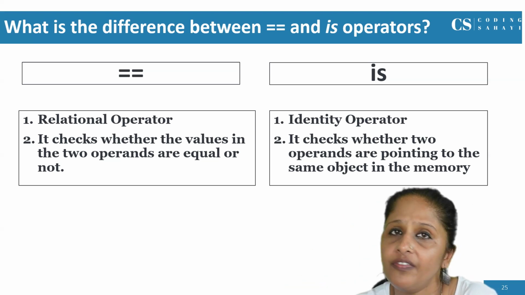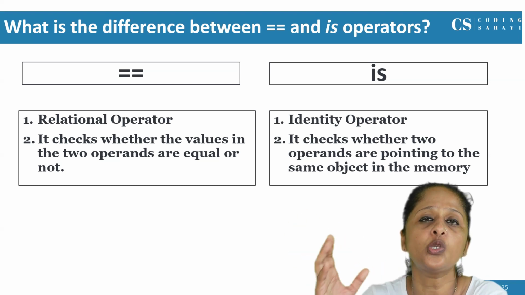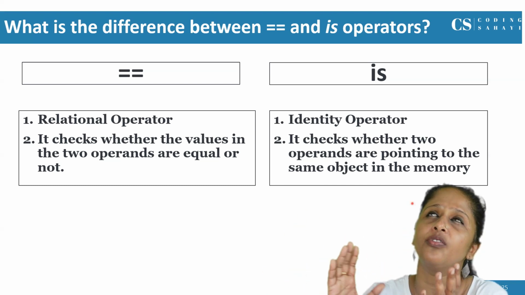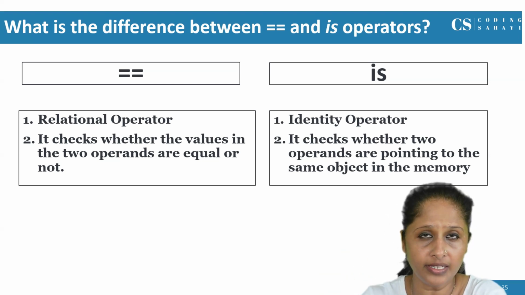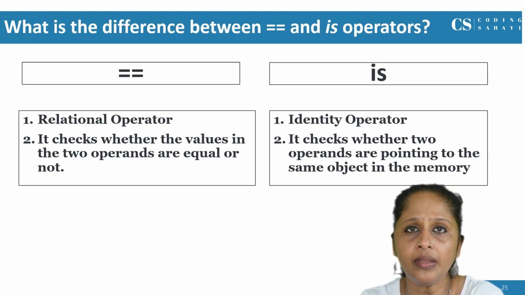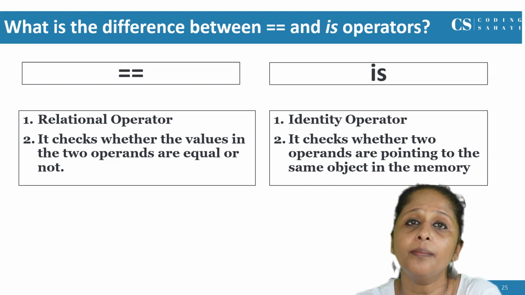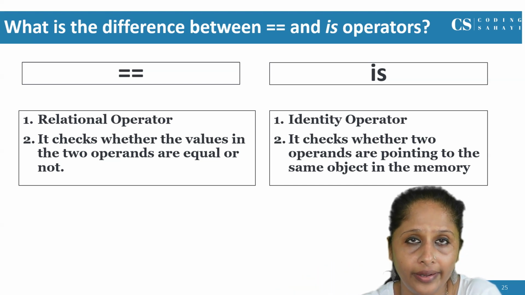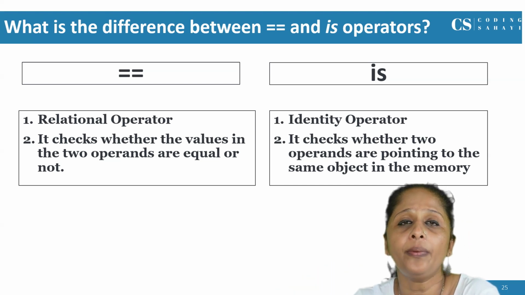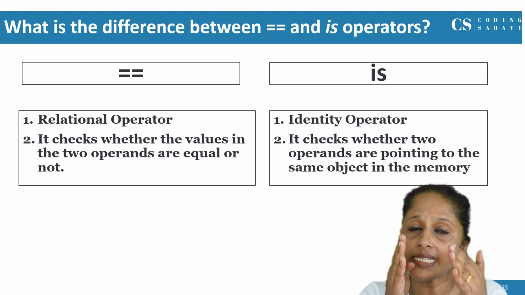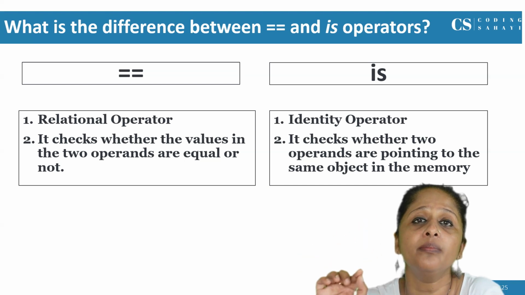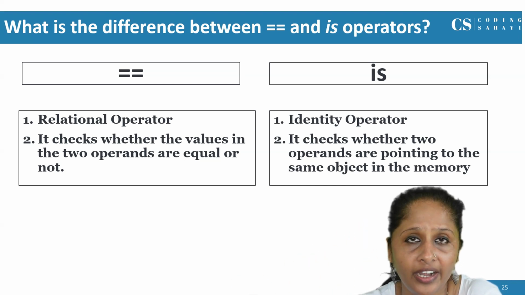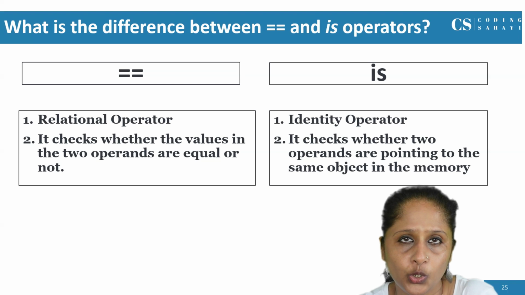If you have a value 10, that 10 is stored in a memory location, for example 1200, that is the memory address. I am just taking an example. So 10 is stored in memory location 1200. Then the is operator checks whether a and b are pointing to the same memory location 1200 where 10 is stored. So this is the is operator.